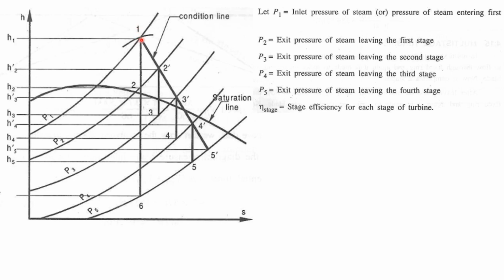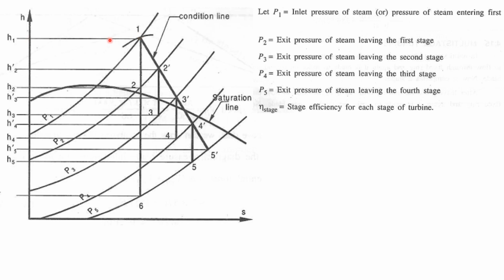So at present, starting here you can see numbering 1. This is the initial state of the steam while entering the steam turbine. Now this diagram is for a 4 stage reaction turbine. So in between each stage there will be intermediate pressure values.